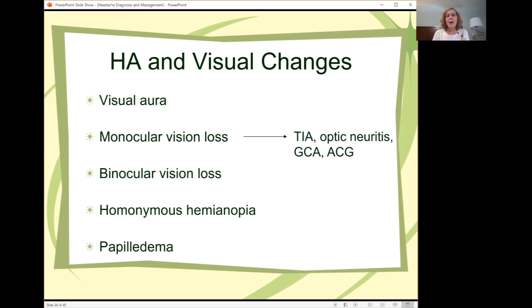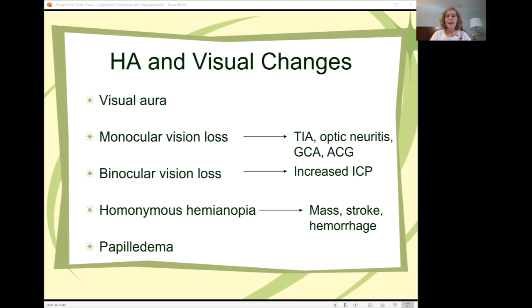If there is monocular vision loss with a headache, consider a transient ischemic attack, optic neuritis, giant cell arteritis, or angle closure glaucoma. Headaches associated with transient binocular vision loss occur with idiopathic intracranial hypertension, cerebrovenous sinus thrombosis, or an intracranial mass.